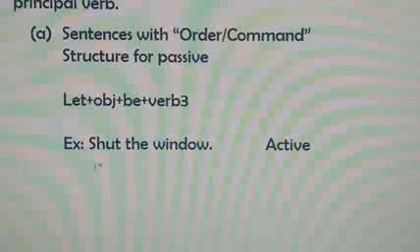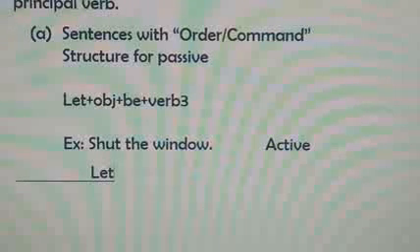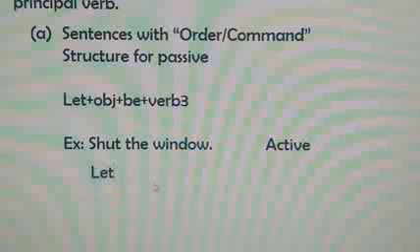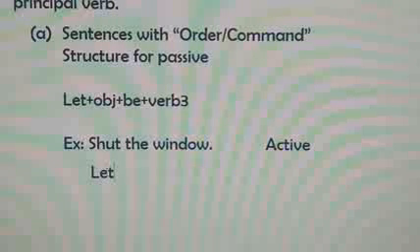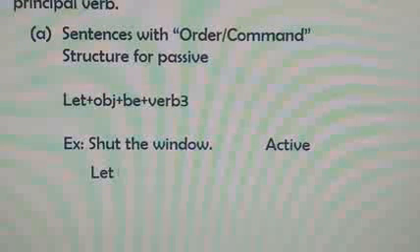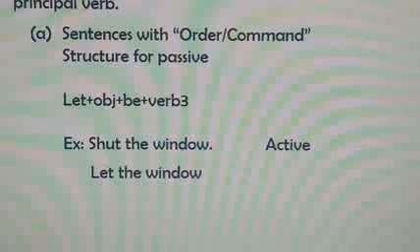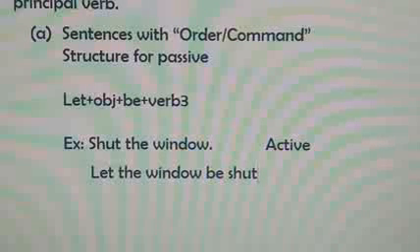It will be converted according to our structure. Let will take place first of all. Then what is the object over here? The window. Let the window be, the third form of shut will be shut. Let the window be shut. Now it becomes the passive.